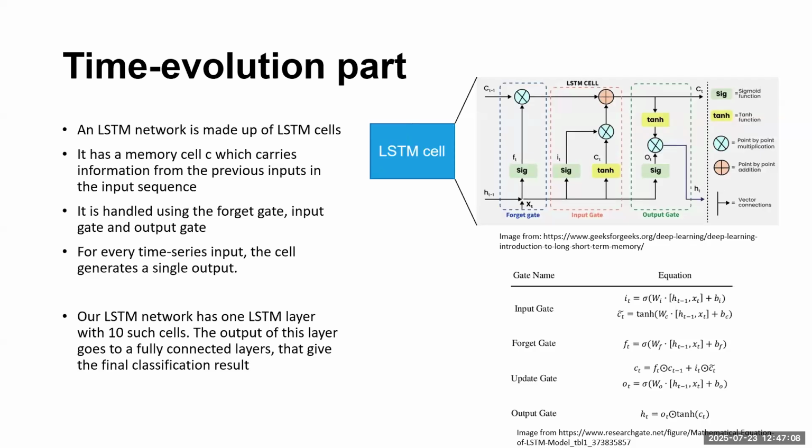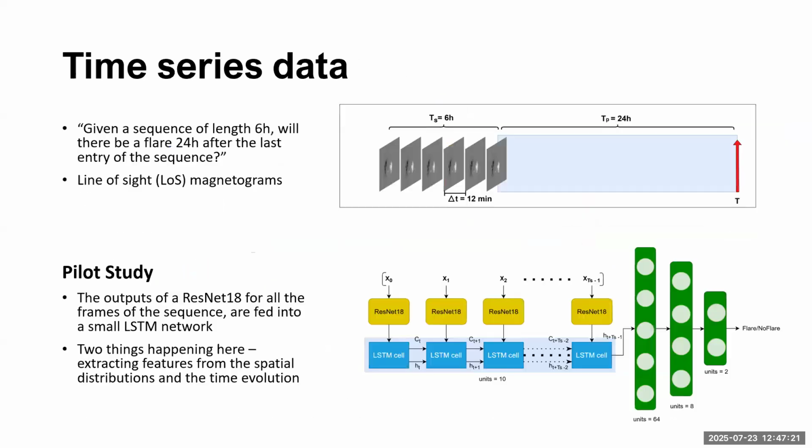Our network has one LSTM layer with 10 such cells, and the output of all of those 10 cells goes into 3 dense layers, which finally give you the flare, no flare output.